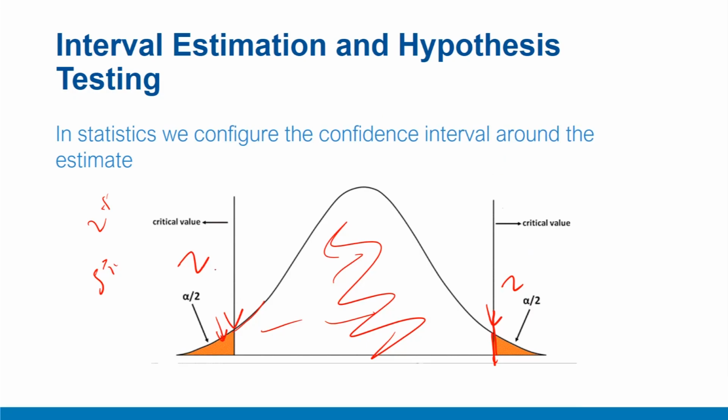So instead of using the z parameter, we make use of student's t distribution, which is very similar to the standard normal distribution. The only minor difference is that student's t distribution has relatively fatter tails. It has fat tails, which means for any hypothesis testing, rejection of the null requires more evidence. So it needs more evidence to reject the null, and therefore because we work with small samples and we do not want to make any major mistakes, we tend to work with student's t distribution.